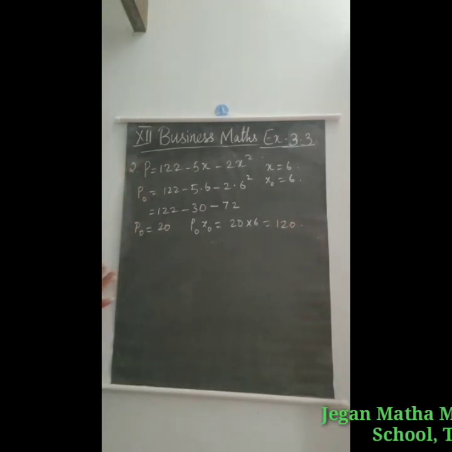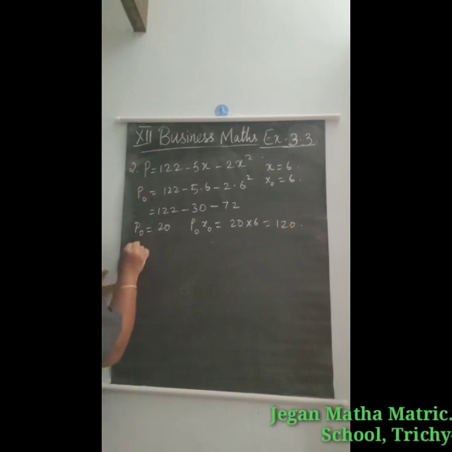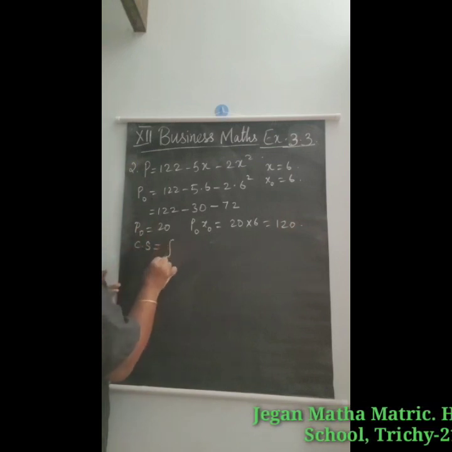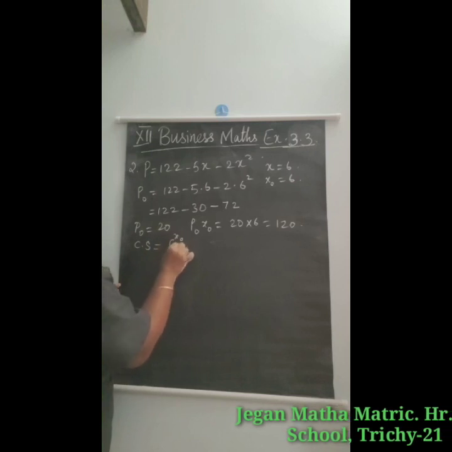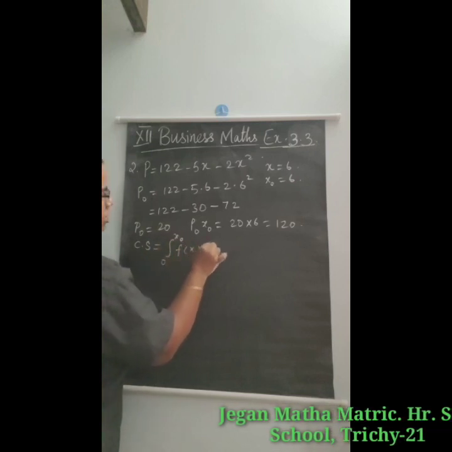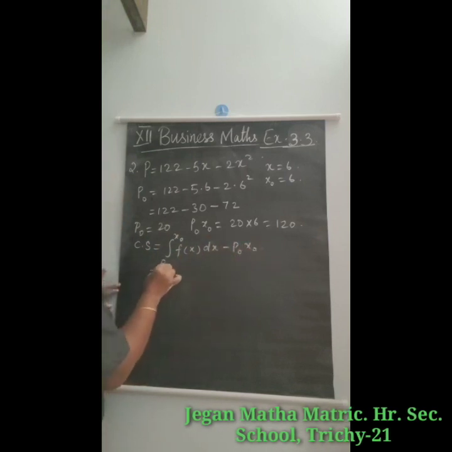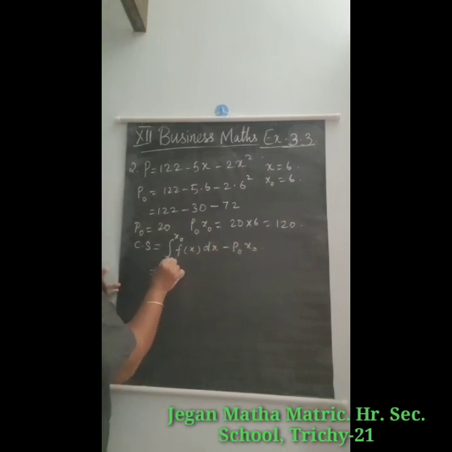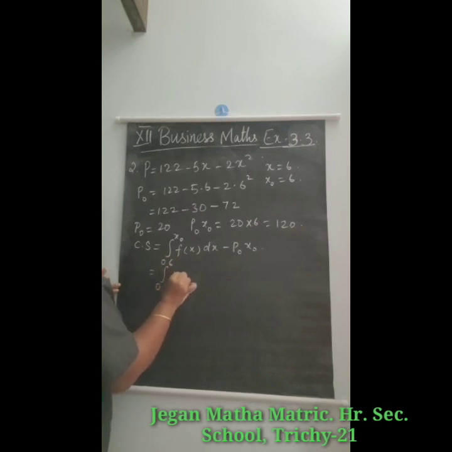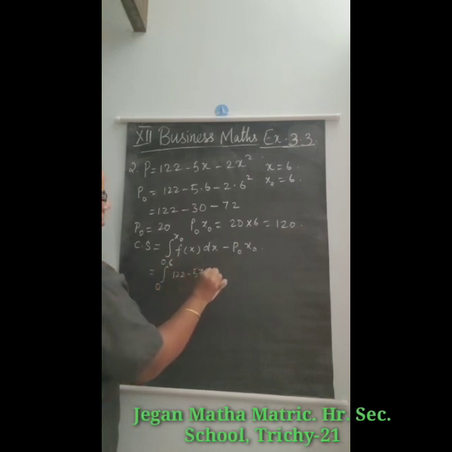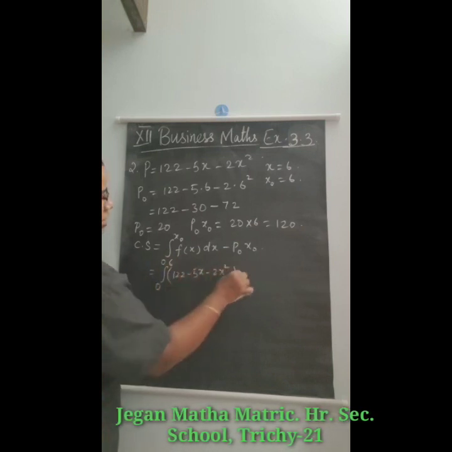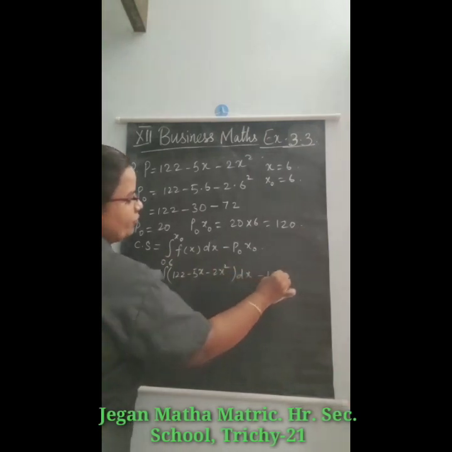What is the question? Consumer surplus. We have to find out the consumer surplus. So what is the formula for consumer surplus? CS is equal to integral of 0 to x naught f of x into dx minus P naught x naught. So that is equal to integral of 0 to 6, 122 minus 5x minus 2x squared into dx minus 120.